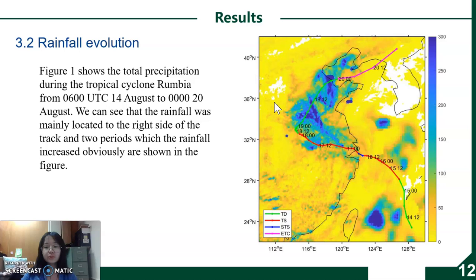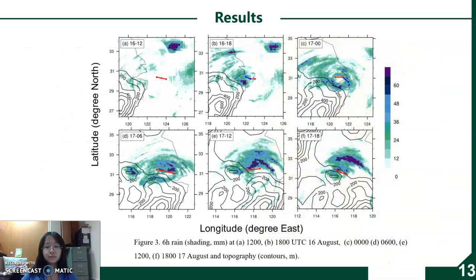Here, the evolution of rainfall during landfalling will be discussed. Figure 3 shows the 6 hours rainfall evolution and the topography.